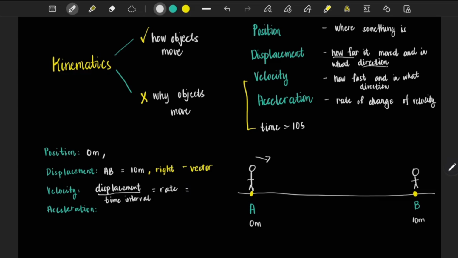In this example, it is simply 10 meters per 10 seconds, or 1 meter per second. That is the velocity of the person, and don't forget to indicate the direction, which is to the right.